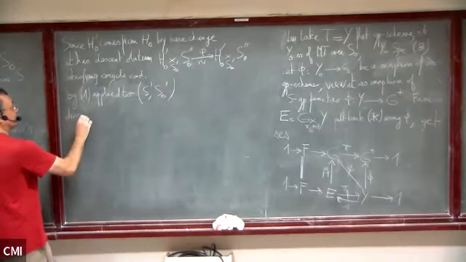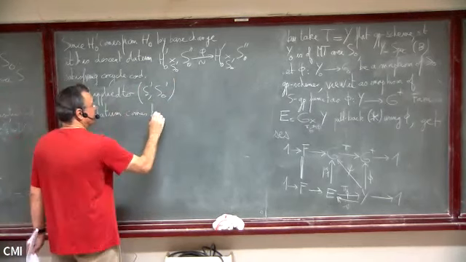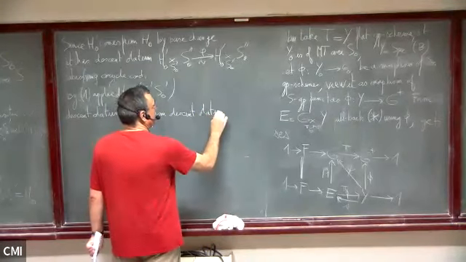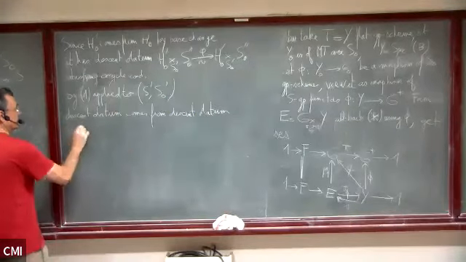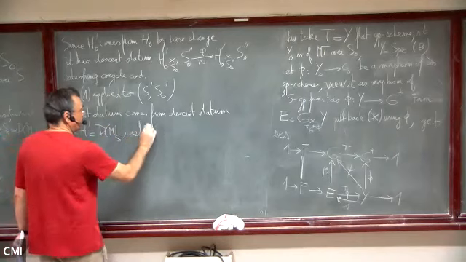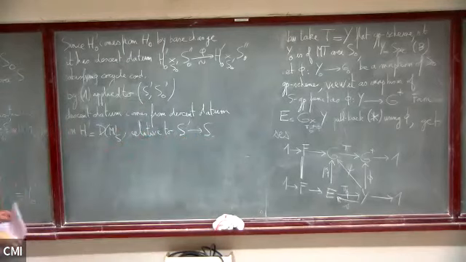this descent datum comes from a descent datum on H prime, which is just this relative to S prime to S. Okay, because here we have some descent datum, and so this one lives here, and it reduces to the other one.